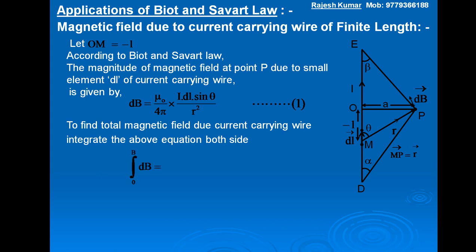Therefore, integration of dB from 0 to B, where B is the magnitude of total magnetic field, equals integration from point D to E of mu naught upon 4 pi into I dl sin theta upon r square, or integration of dB is equal to mu naught I upon 4 pi into integration from D to E of sin theta dl upon r square, as mu naught I upon 4 pi is constant and we can take it out. Call this equation number 2.